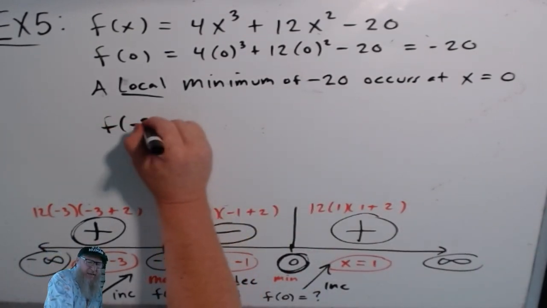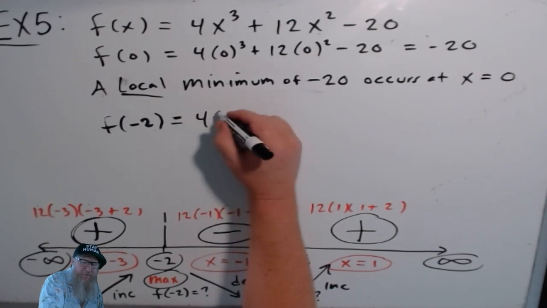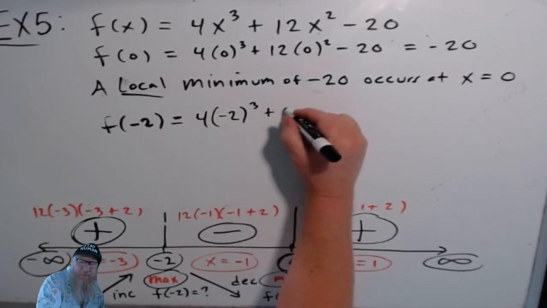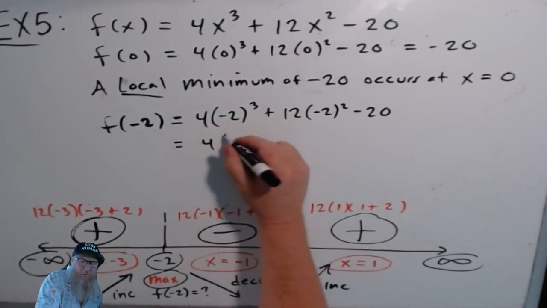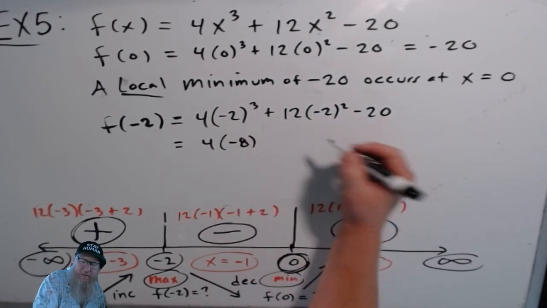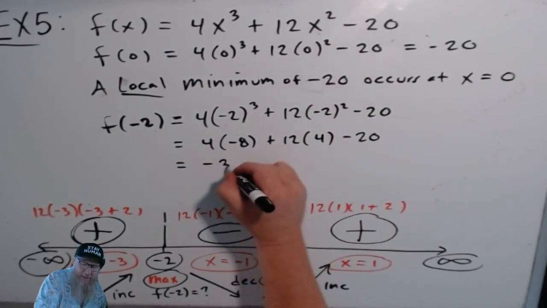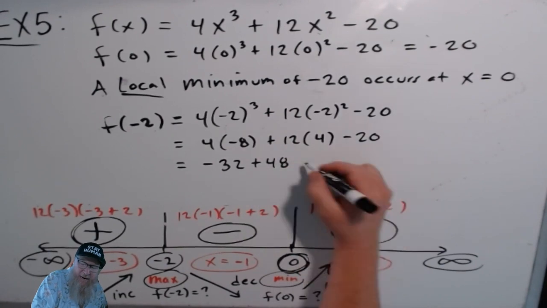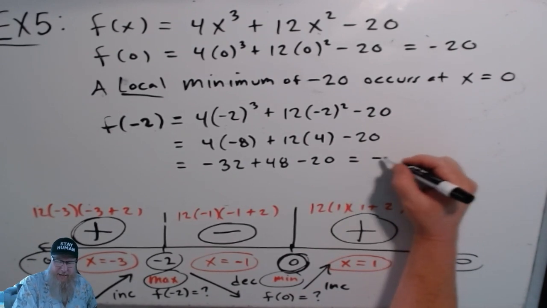Now let's do f of -2. That's going to be the maximum. Very important that you reference your test as you're going along. I almost screwed that one up. Let's do -2. So I got 4 times -2 cubed plus 12 times -2 squared minus 20. 4 times -8 plus 12 times +4 minus 20. -32 plus 48 minus 20. -4.